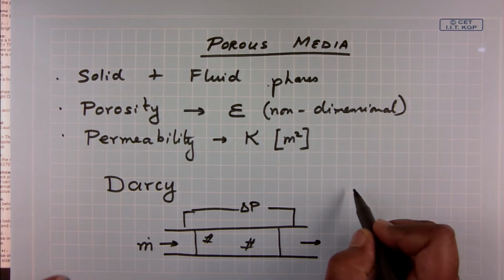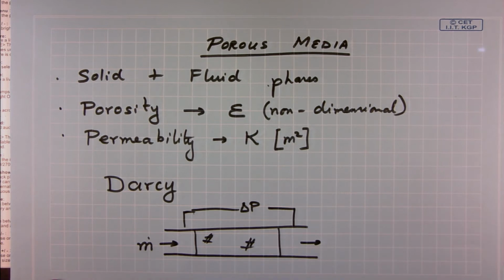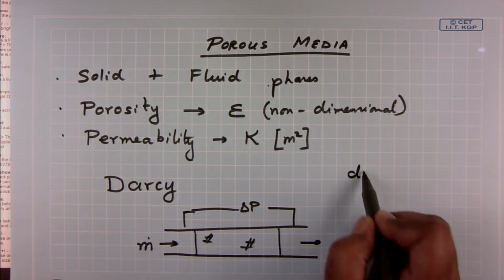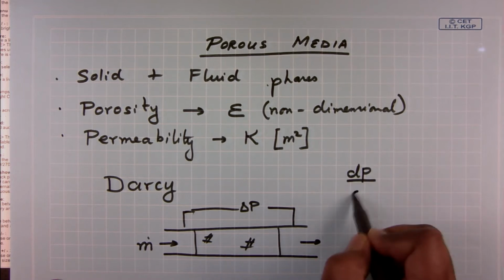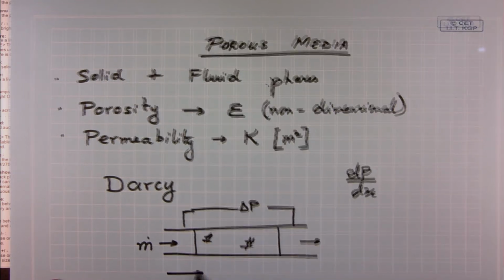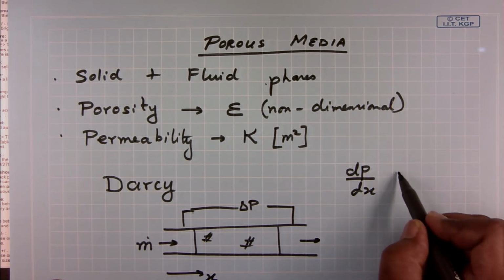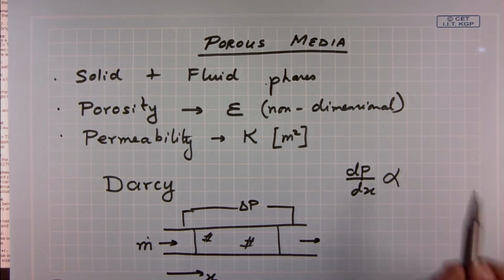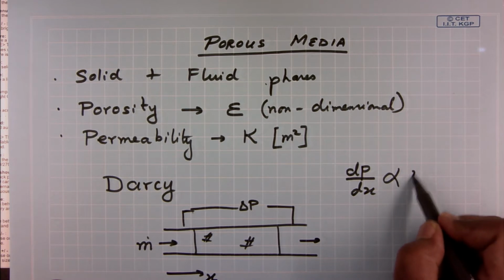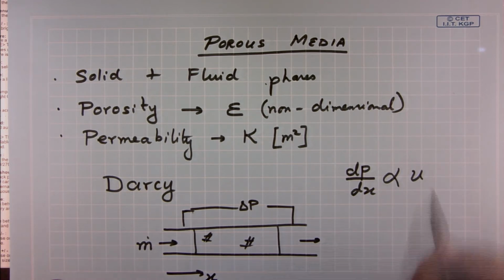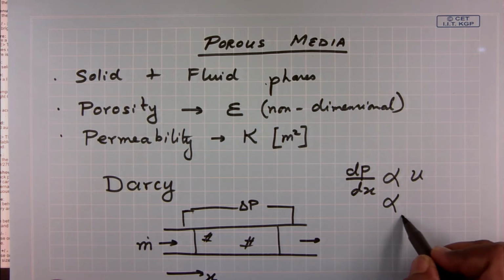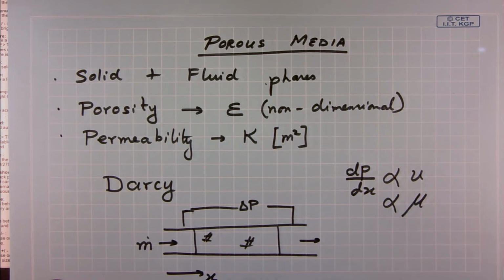What he found was that when you measured the pressure gradient in the flow direction, this is x, it was proportional to, first of all, the velocity. It was also proportional to the fluid viscosity. Okay.